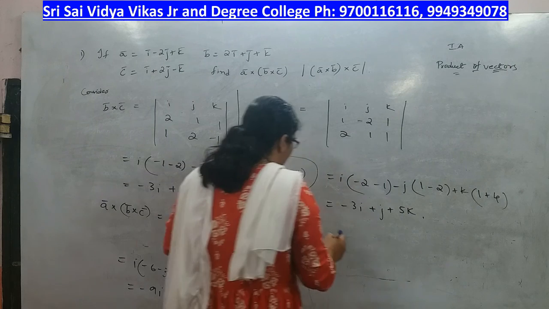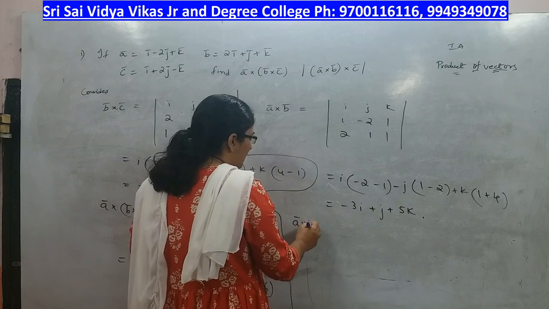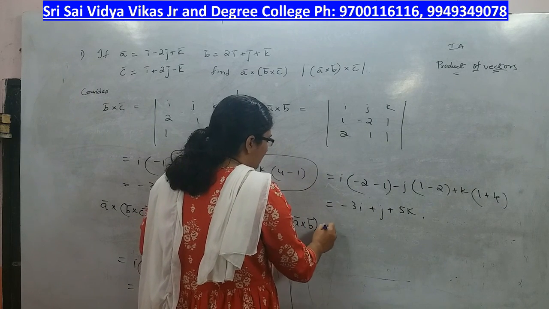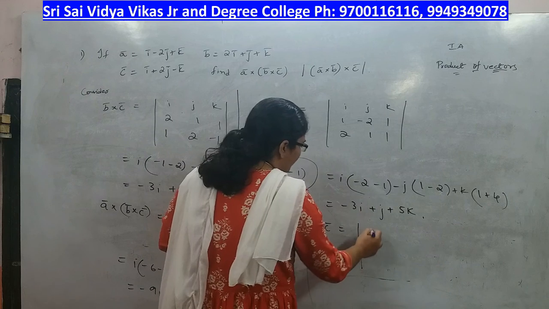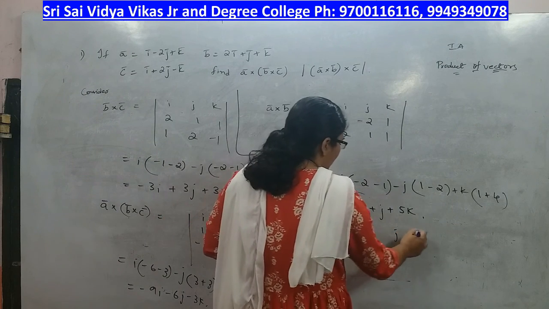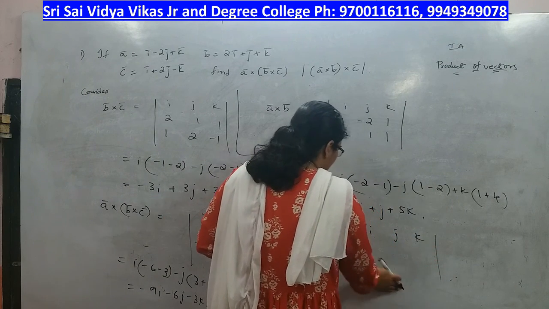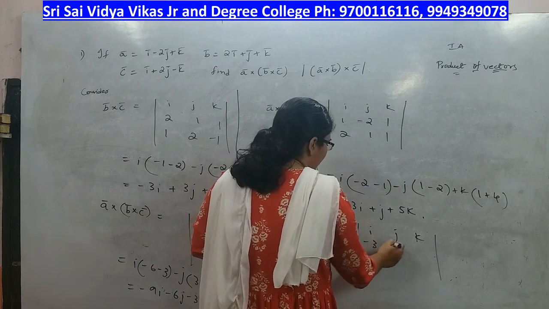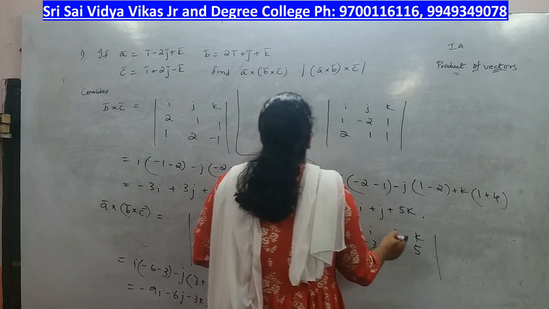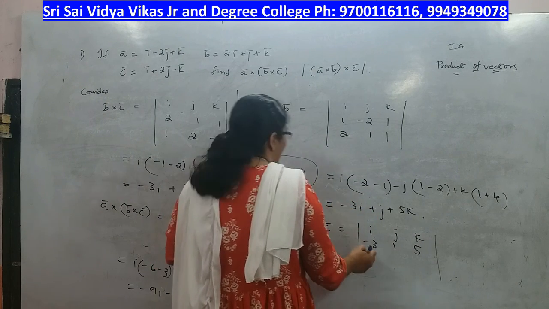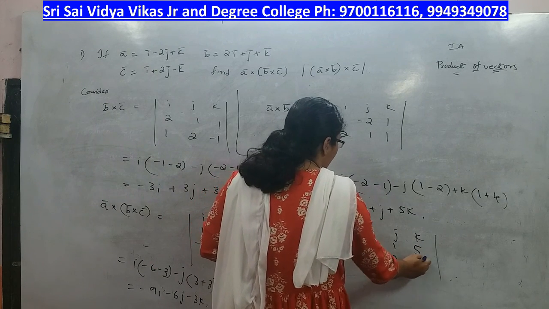Now we have to find a bar cross b bar cross c bar, that is equal to i, j, k, minus 3, 1, 5 cross c bar 1, 2, minus 1.